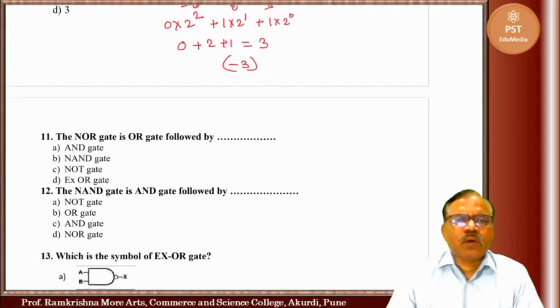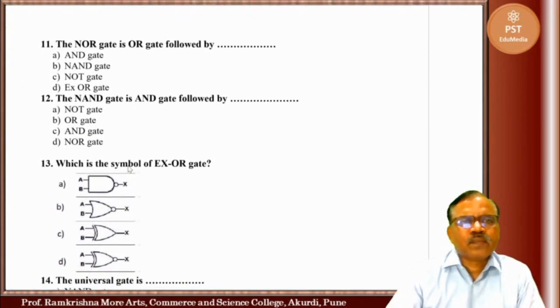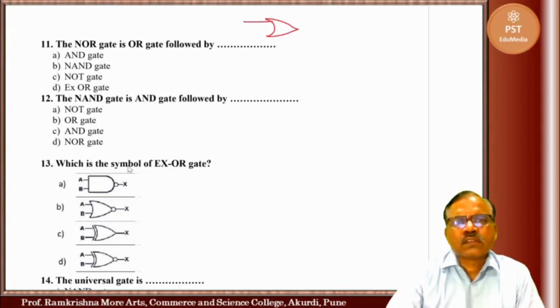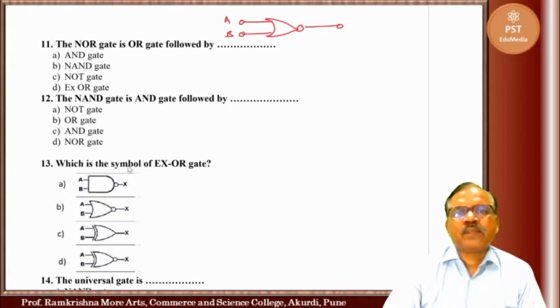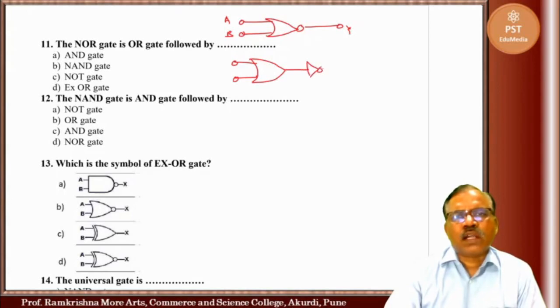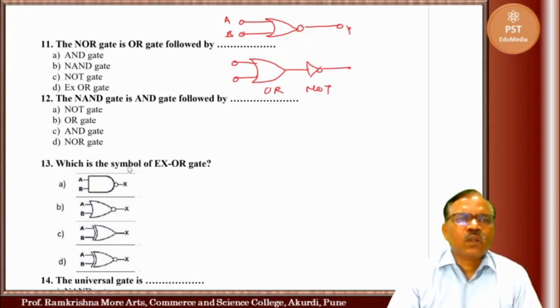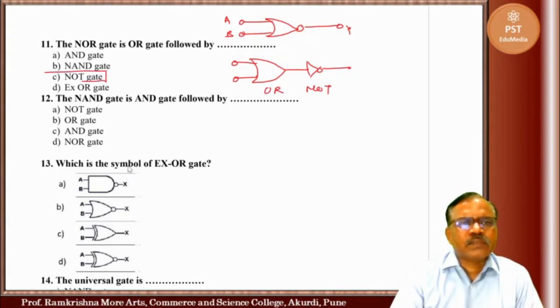NOR gate is OR gate followed by NOT gate. So here the symbol for NOR gate is like this. This is NOR gate, A, B and Y. Generally NOR gate is made like this. So this is OR gate plus NOT gate. So OR gate is followed by NOT gate.